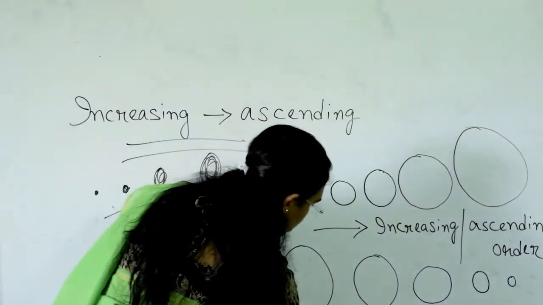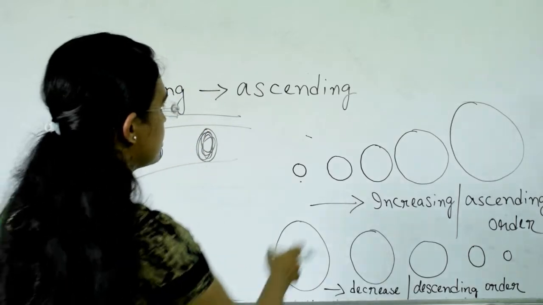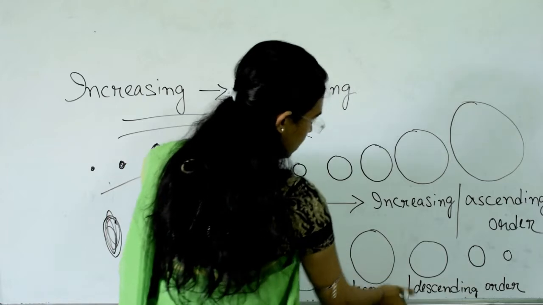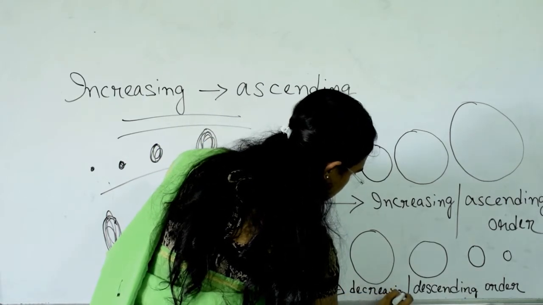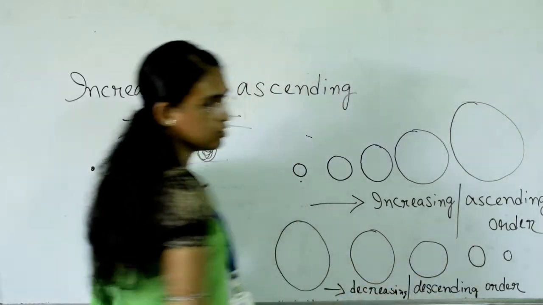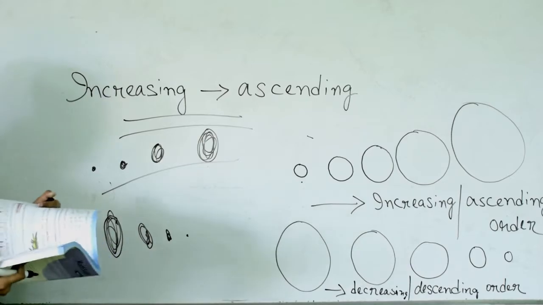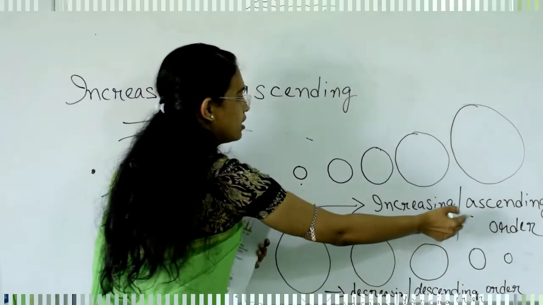Okay, so this is called decrease. So this is called increasing or ascending order, and this part is called decreasing or descending order. Okay, the other name of decreasing is descending order, and the other name of increasing is ascending order.